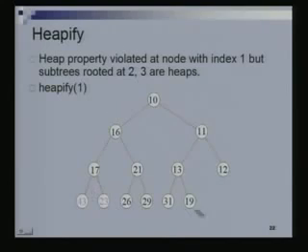And so, now this entire thing is a heap, because the heap property is now valid at every node in this tree. We have, recall, changed only the contents of these nodes. So, that is the heapify procedure.